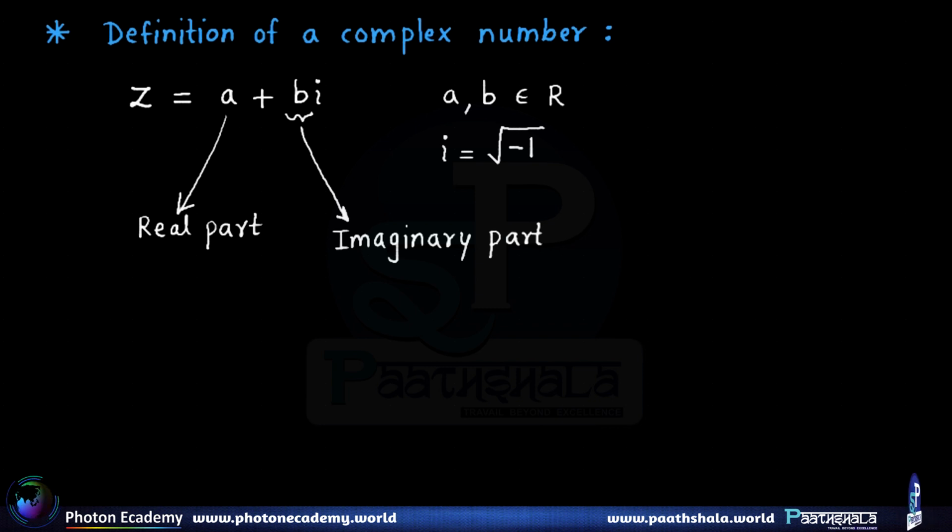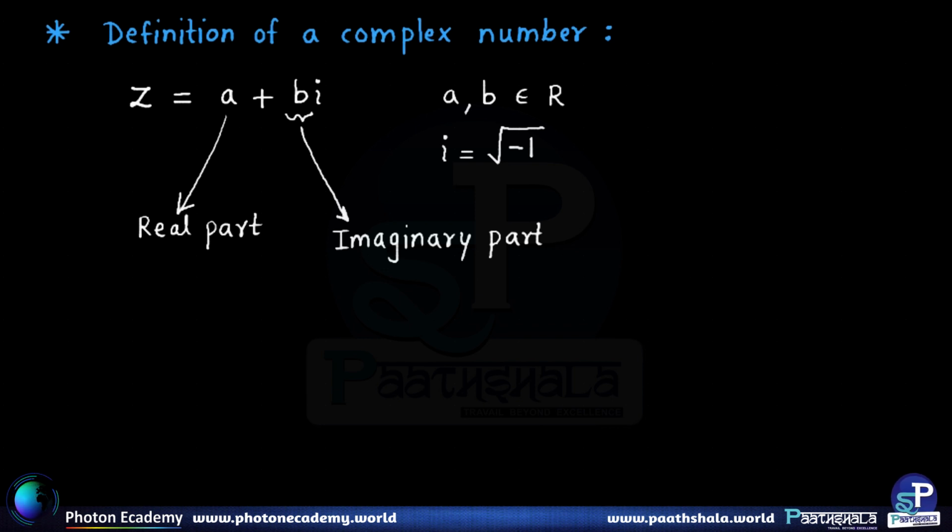Note that it is customary to call only b as the imaginary part and not bi as the imaginary part. So a and b, although they are themselves real, we call the real and imaginary parts of z as a and b.